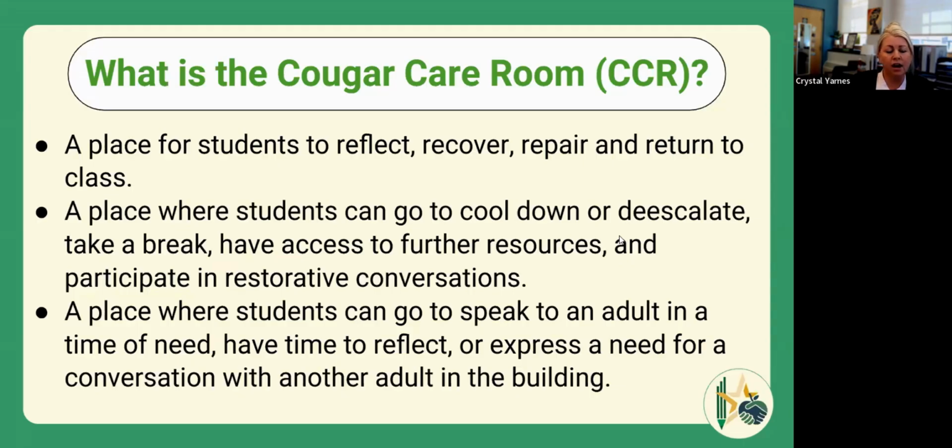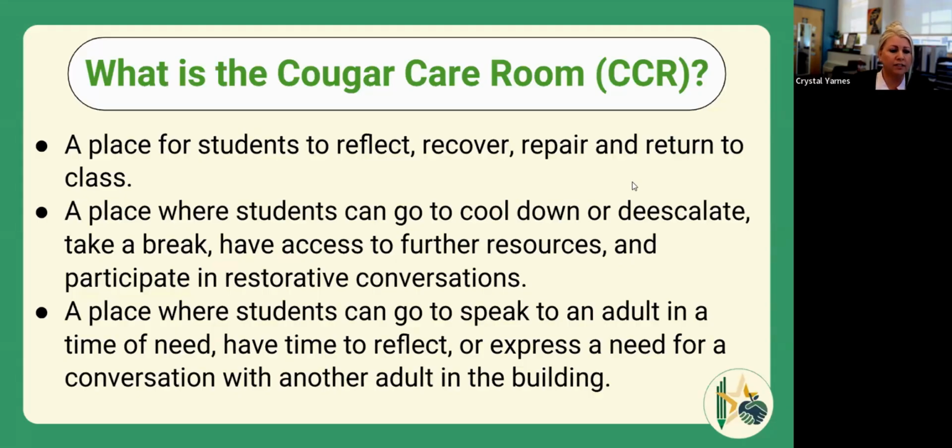So really, CCR is a place to triage students. For anyone who's worked in a middle school, you know that when students have a need, they want it taken care of. It's very urgent to them, and they want their voice to be heard. Knowing what it was like to work in a middle school that didn't have CCR, that didn't have some type of space for this, you will see that the main office usually becomes that space.